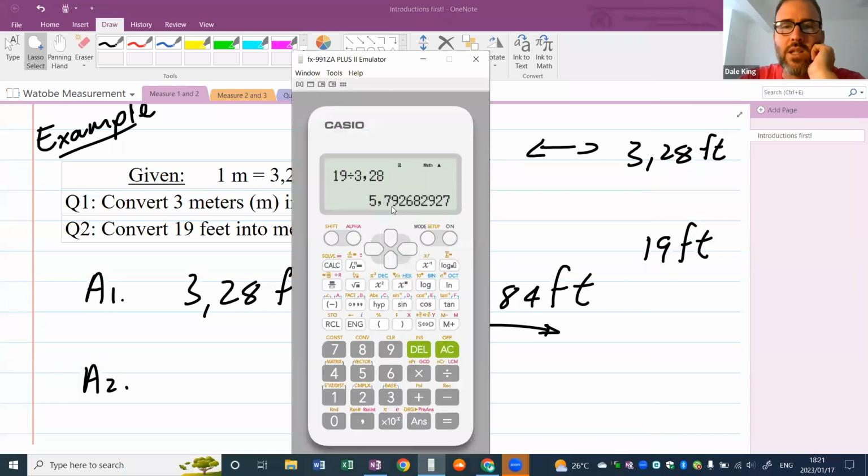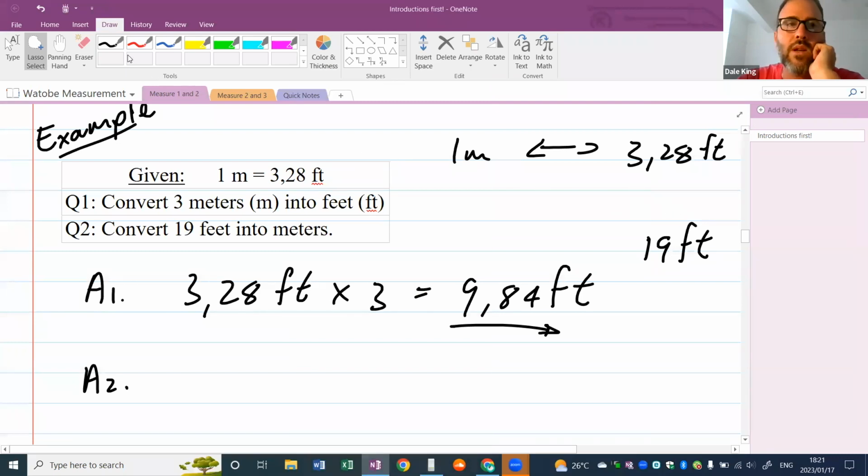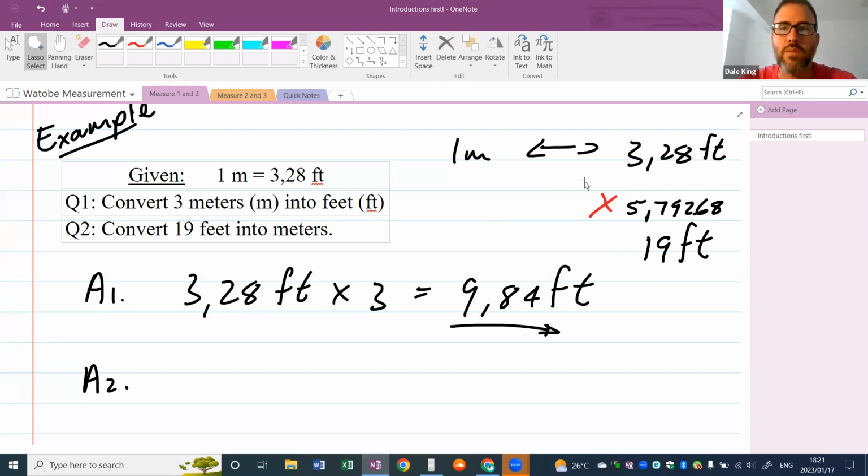I'm going to write some of those decimals out. 5.79268. I have to remember that. So from 3.28 to get to 19, I'd have to multiply by 5.79268. Okay, so just remember that.